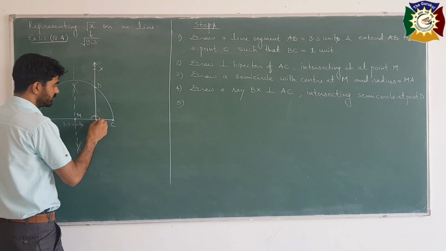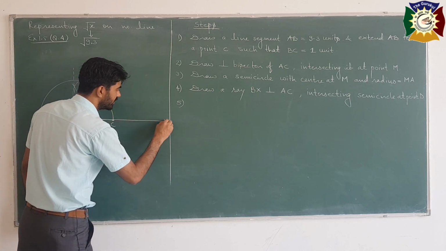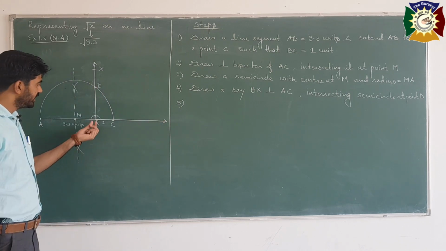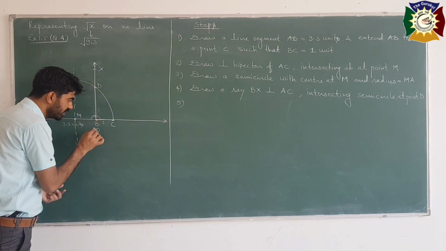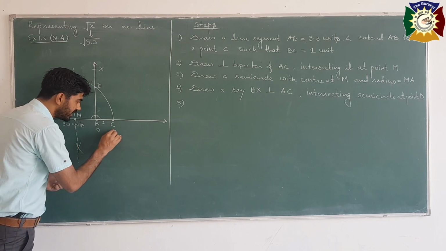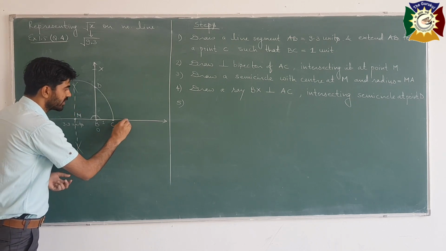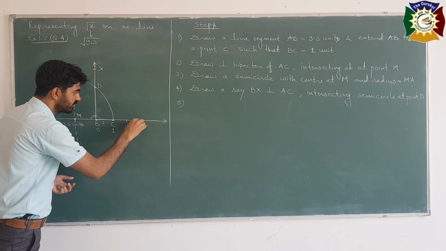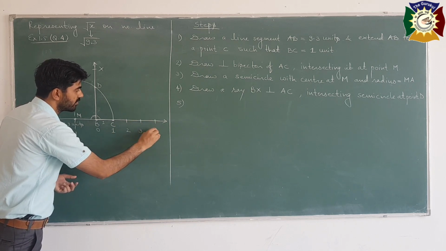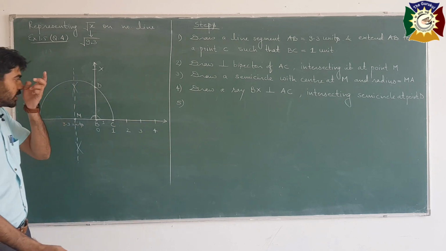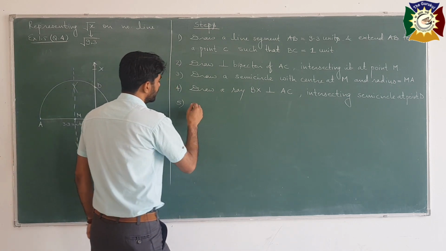Now we will draw a number line by taking 0 at B, 1 at C and so on. Like this. Now what we have to do?